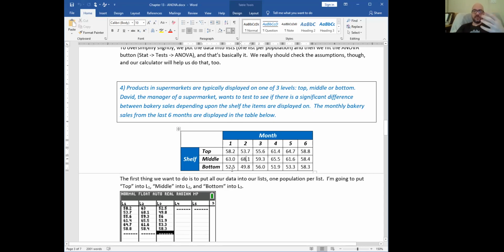Depending on what the results are, that might make us more or less inclined to be careful about where we put things on shelves, depending on what we're trying to sell, et cetera. So this is semi-important information for us to know how to stock the shelf. Now, obviously, in practice, you have a lot more variables that go into this, but for now, I just want to explain the basics.